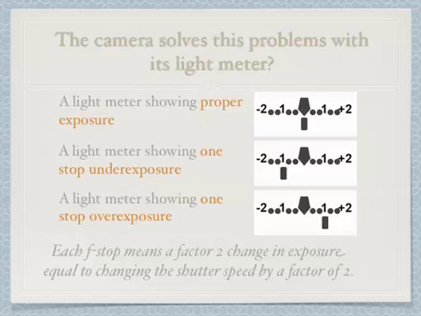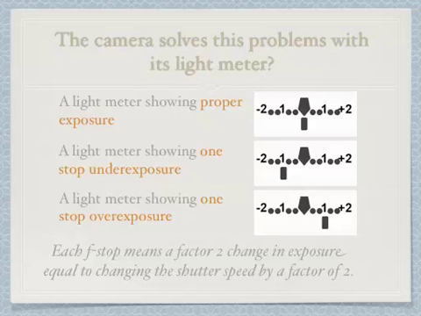So when you're looking at your exposure meter, you might see it either by looking into the lens, or by looking at one of the liquid crystal displays on the top of the camera, for instance. The meter on the top shows a proper exposure according to the camera's calculation. The light meter in the middle shows a setting which is one stop underexposure, and the setting on the bottom shows a one stop overexposure.